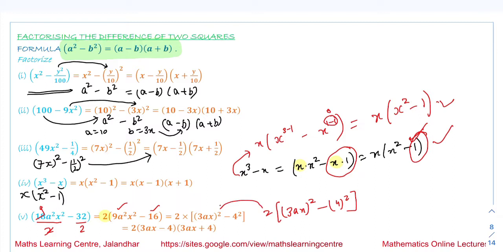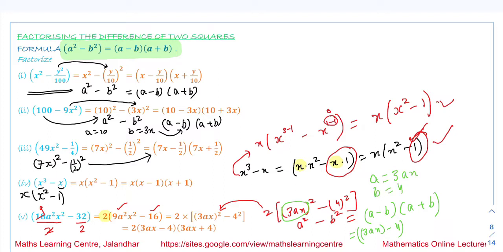This is how we are writing this term, and this is the term a square minus b square, and we know the formula, it is a minus b into a plus b. The value of a is, this whole is the value of a. So what we are going to do, 3ax, this is a, minus b is 4. When you start solving this question, just try to write that a is equal to 3ax, b is equal to 4.